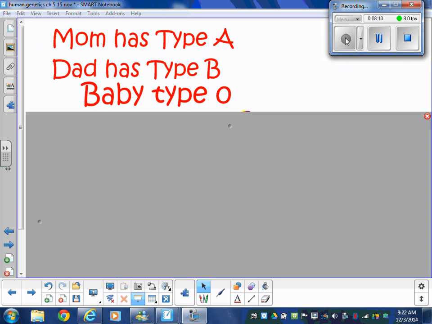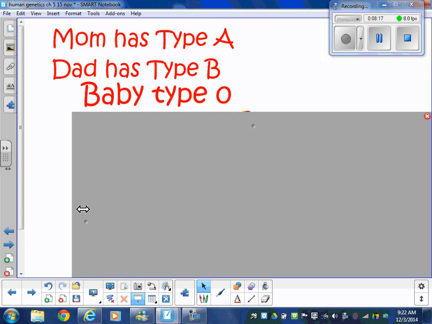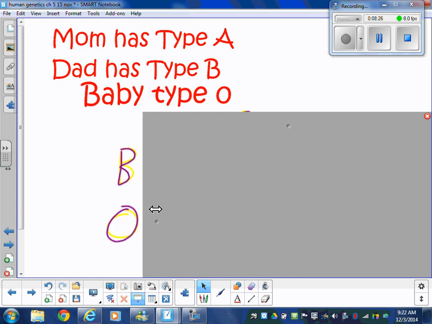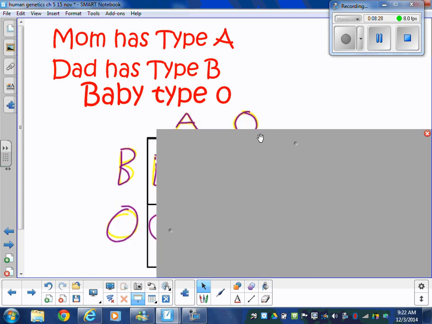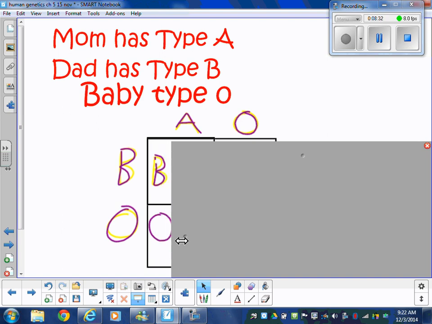And last of all, for a little bit of practice, we did these in class, but here are some Punnett squares for you to practice. I will slowly reveal the answers we did in class. So if you wish to try them yourself, you should pause it. Oh, this is the third one. This was the trickiest one. There you go.